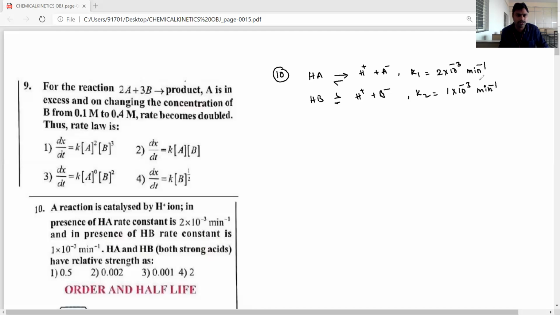What we have to find out: HA and HB are both strong acids, then the relative strength of acids is directly proportional to the rate constant.